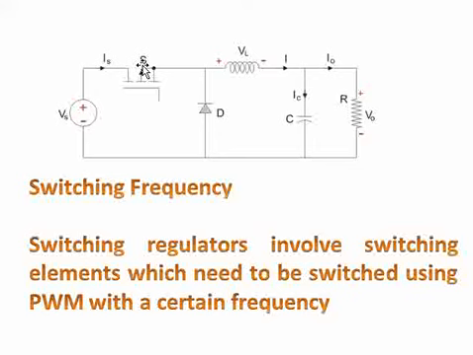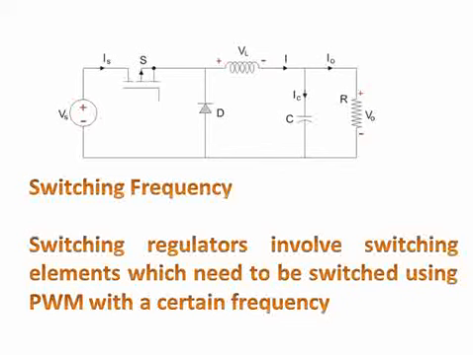Every switching regulator will have an associated PWM input provided to it, and this PWM input will be of a constant frequency. That's what we mean when we read switching regulator data sheets and see the switching frequency.